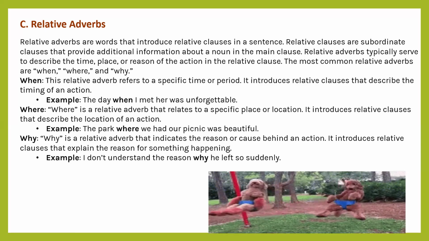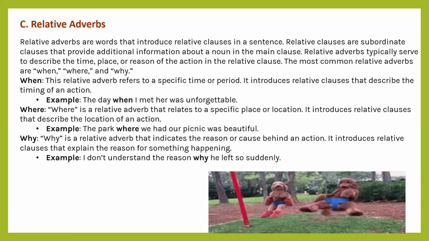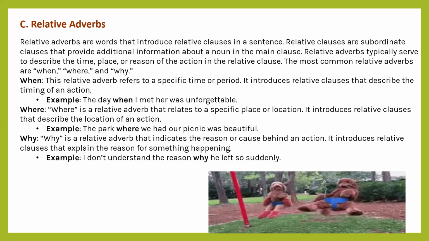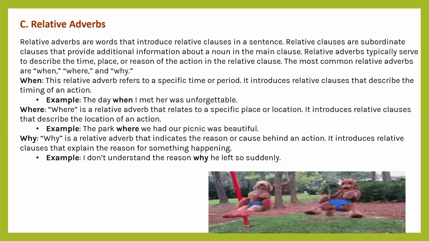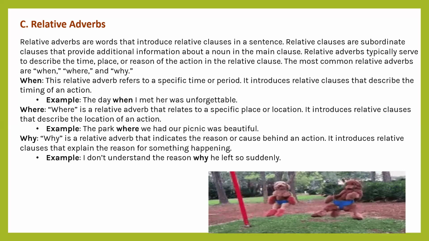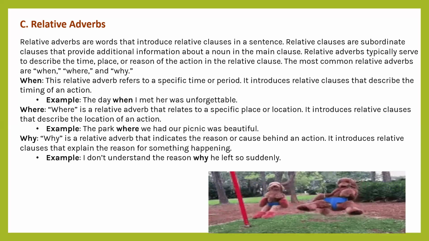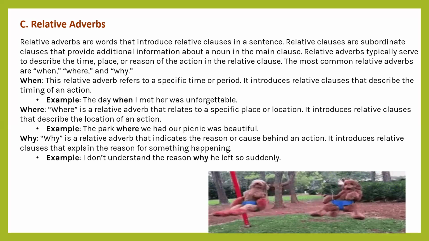Where is a relative adverb that relates to a specific place or location. It introduces relative clauses that describe the location of an action. Example: the park where we had our picnic was beautiful. Why is a relative adverb which indicates the reason or cause behind an action. It introduces relative clauses that explain the reason for something happening. Example: I don't understand the reason why he left so suddenly.